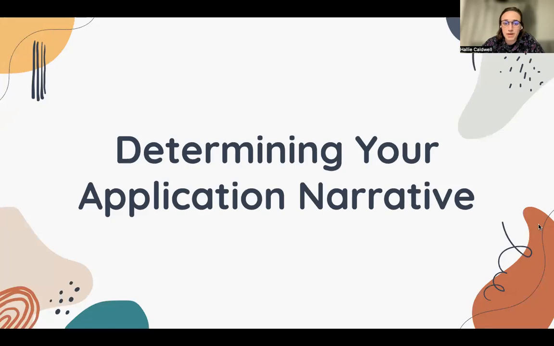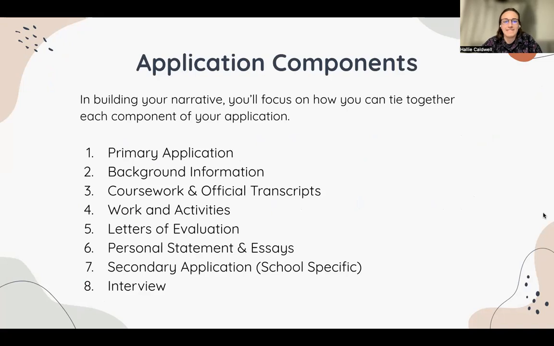So, how to go about determining your application narrative. Let's talk about the components of an application. I think this is pretty important to understand first off, just because it's good to know how much is involved before you start determining where to put what.